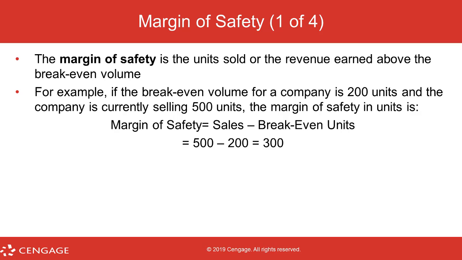So for the example, your break-even volume is we're selling 200 units and we're currently selling 500 units. The margin of safety is 300. That is, we're selling 300 units more than the break-even point.